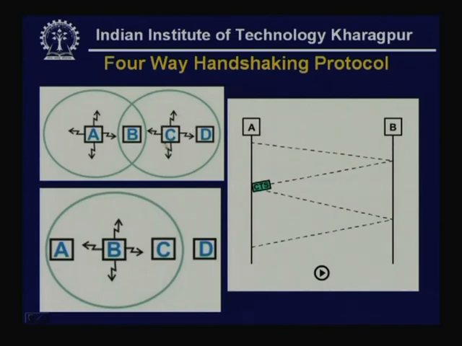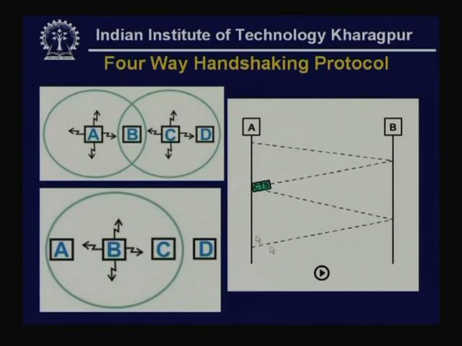Of course, if both of them request simultaneously, there will be some kind of collision, but the clear to send will be sent either to A or to C. One of them will be sent and the other one will defer transmission, and as a consequence, this problem will be overcome.